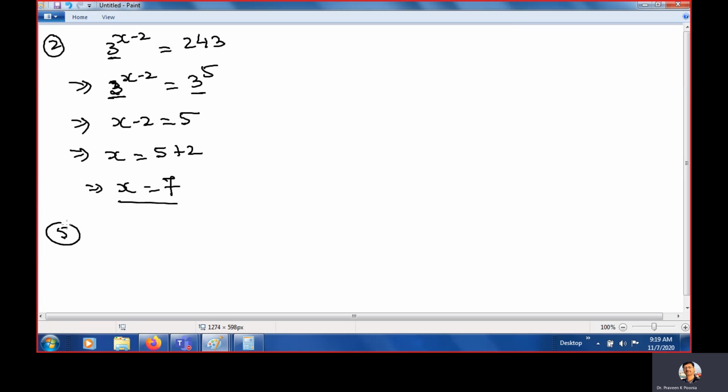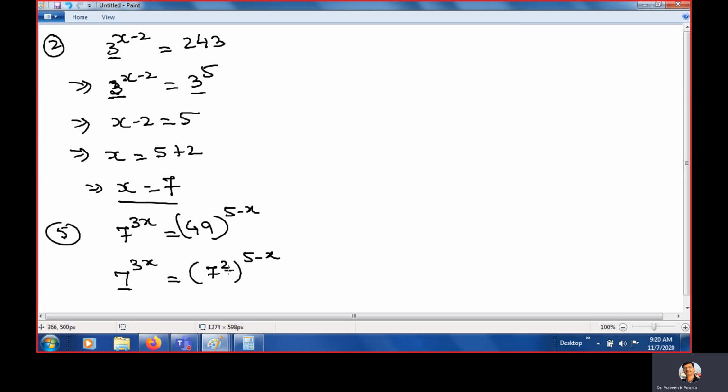Question number 5. It is 7 power 3x equals 49 power 5 minus x. This is clear. Now you need to write 49 as a power of 7. So it is 7 power 2, to the power 5 minus x.